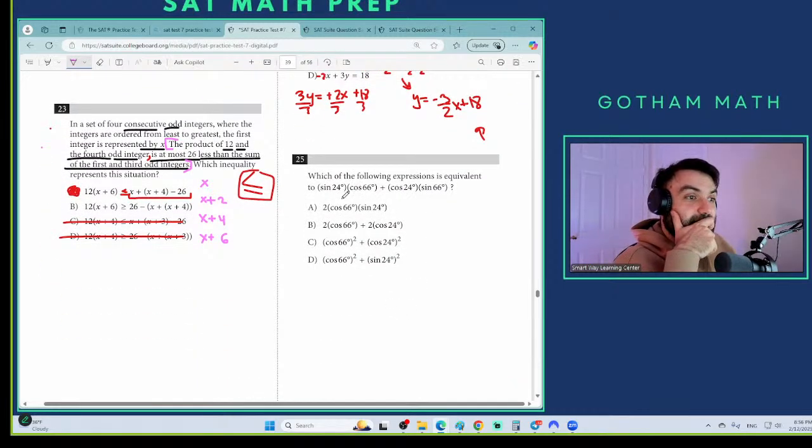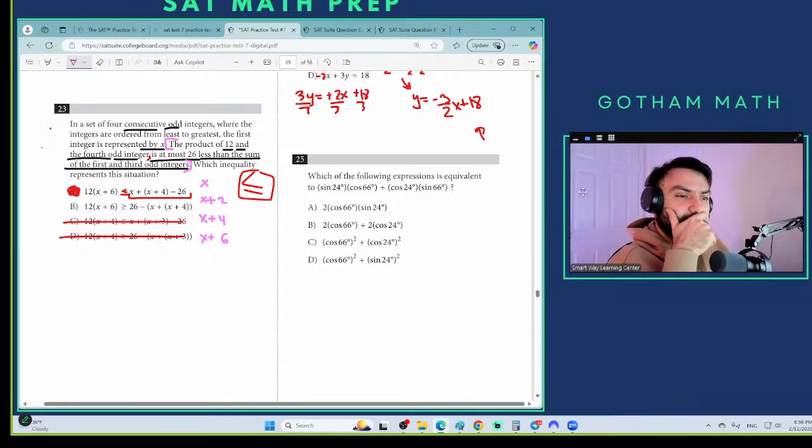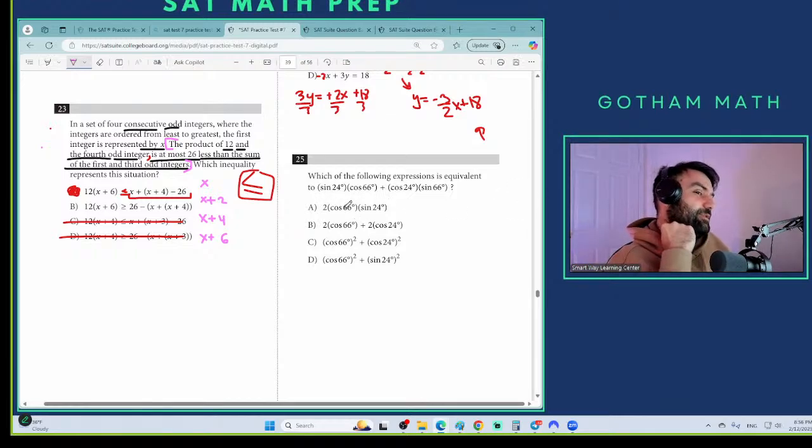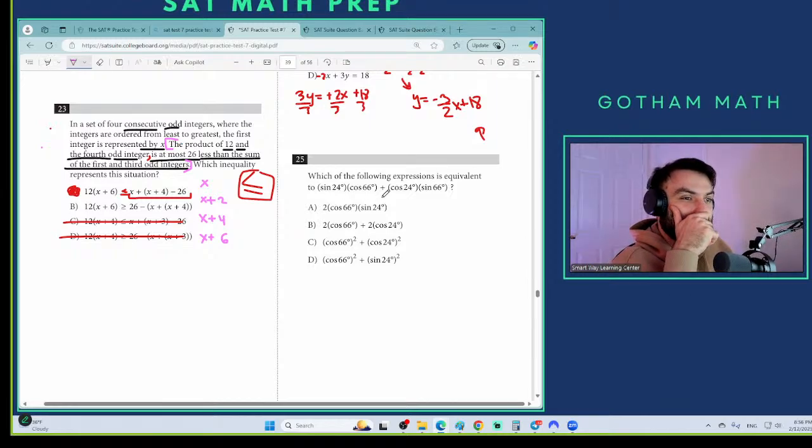This is interesting. This is straight up from trig, which actually not everyone knows. It's from the formula. I actually will show you the formula too. How are they just pulling a question from pre-calculus?